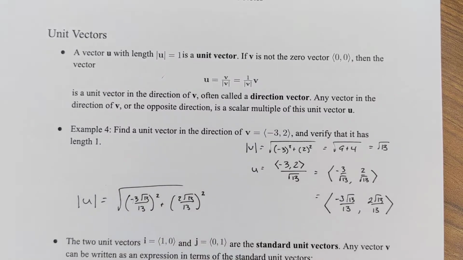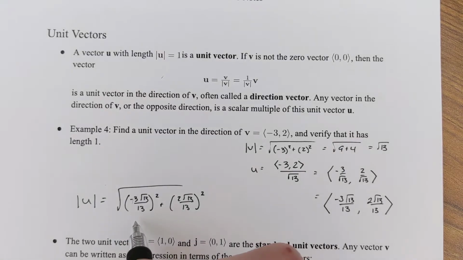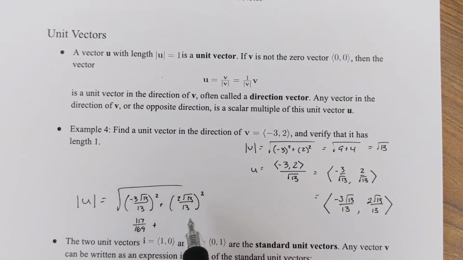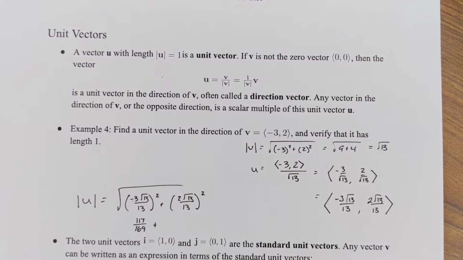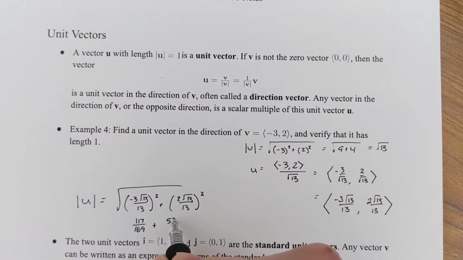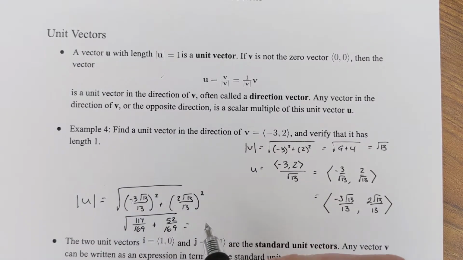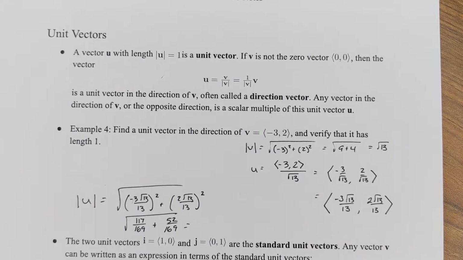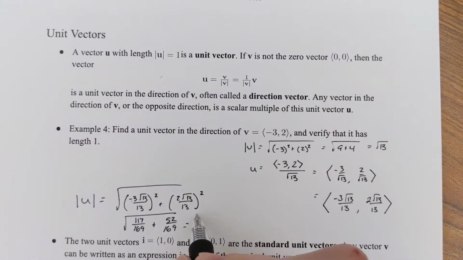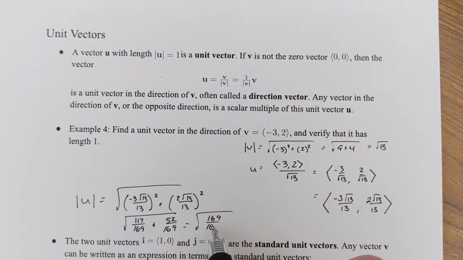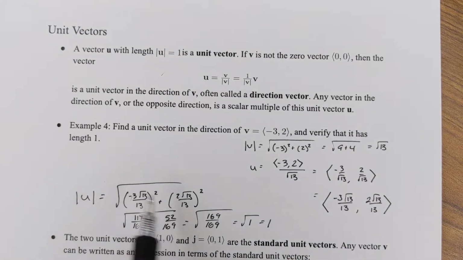So 9 times 13 is 117 over 169, plus 4 times 13, which is 52 over 169. If I add those up, 117 plus 52 is 169 over 169, the square root of which is root 1, which is just 1. So the unit vector has length 1.